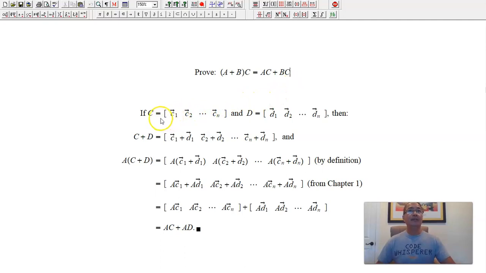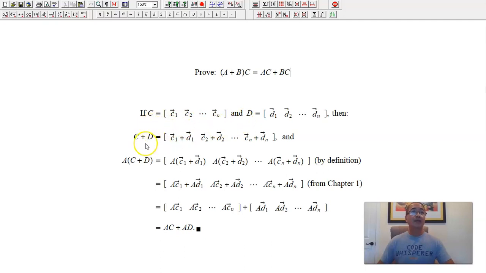We will partition C and D into their columns. So in our last video, we saw that that is one way by which you can define matrix multiplication. Partition the matrix on the right into columns, and so when you multiply by a matrix on the left, we know exactly what's going to happen to them.